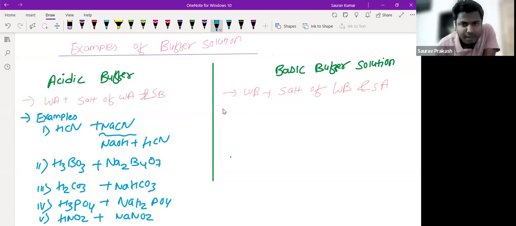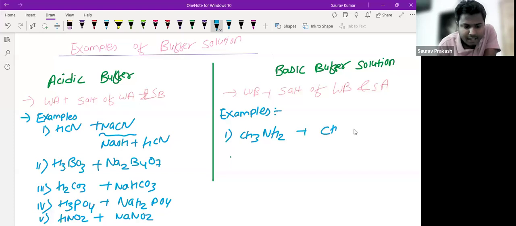So what will be the examples of basic buffer? It is the combination of a weak base and the salt of the weak base with strong acid. So examples: CH3NH2 plus CH3NH3Cl.